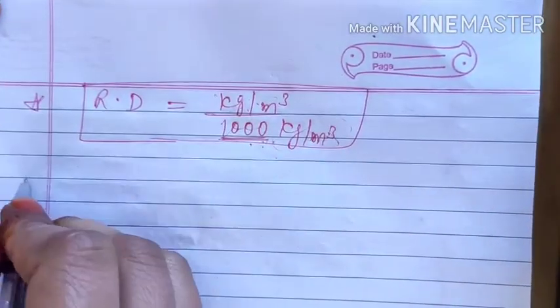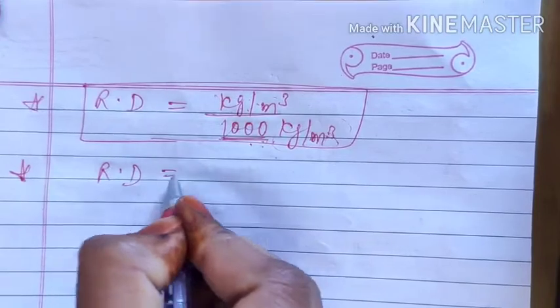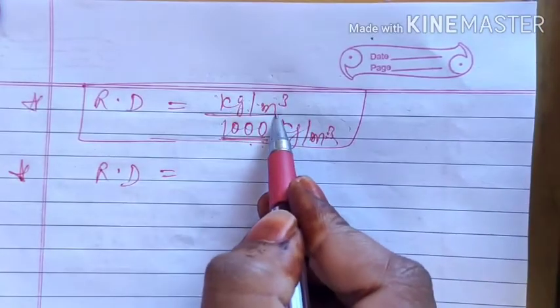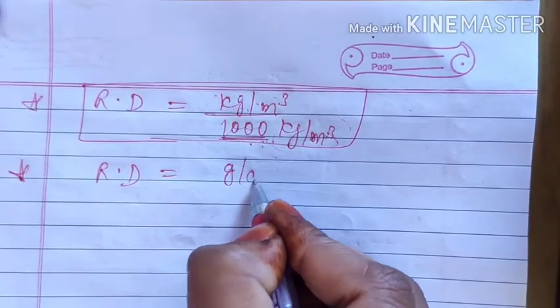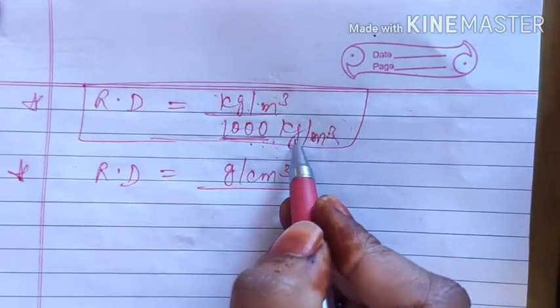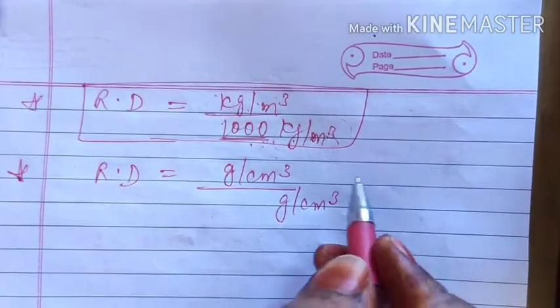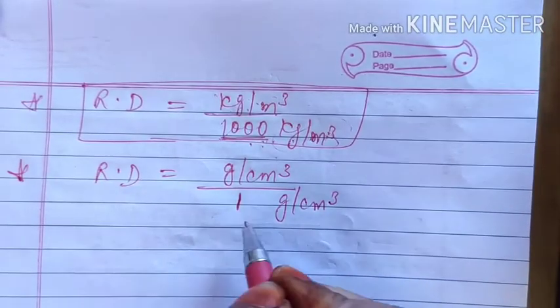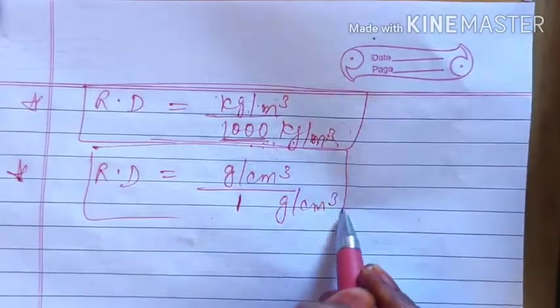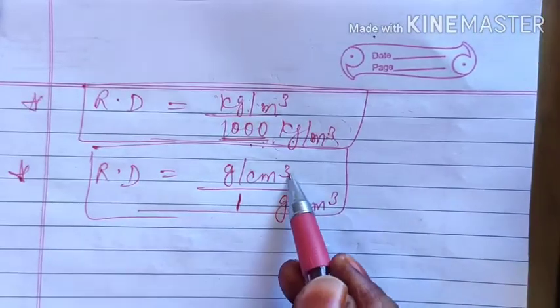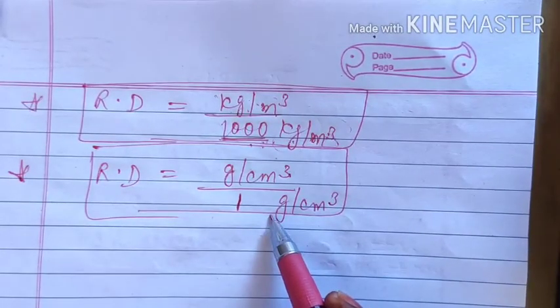Similarly, if you have this density in CGS unit, that is gram per centimeter cube, then here also you will write in CGS unit. But in CGS the value of density of water is 1. So something divided by 1 will not make any difference.